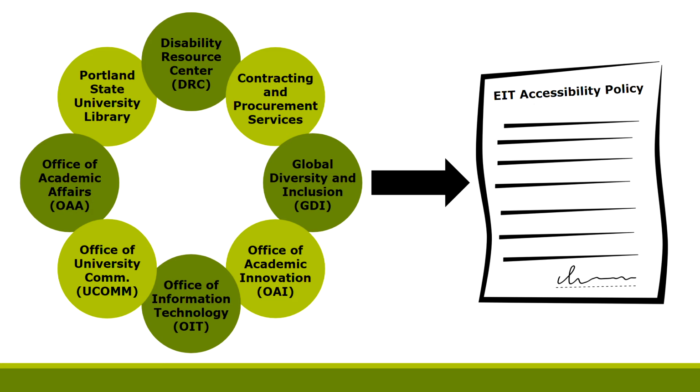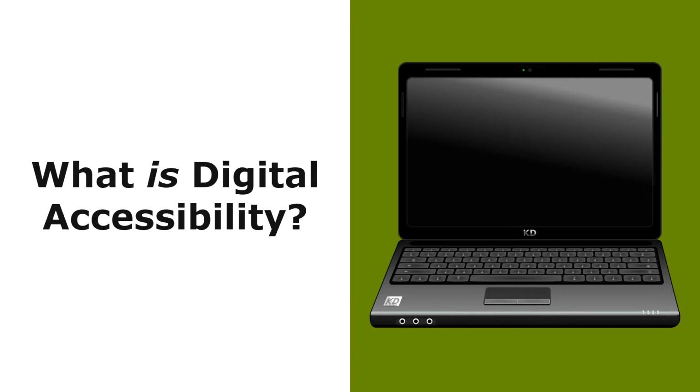In order to comply with PSU's EIT accessibility policy and ensure the ongoing accessibility of any public-facing digital content, this training series is a prerequisite for any pdx.edu site editor trainings offered by Portland State University's Office of University Communications. So what is digital accessibility?